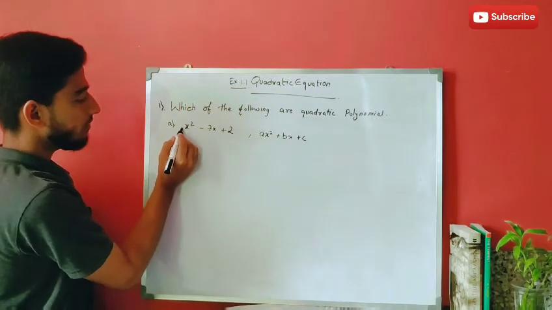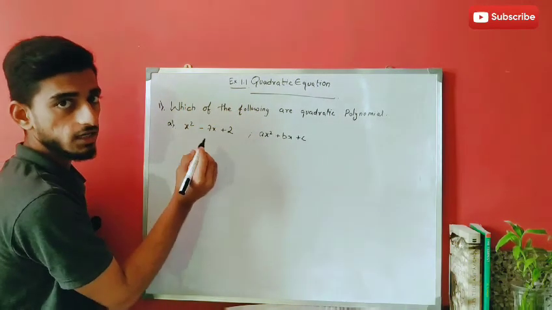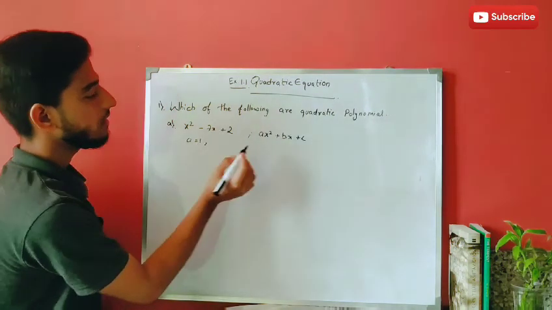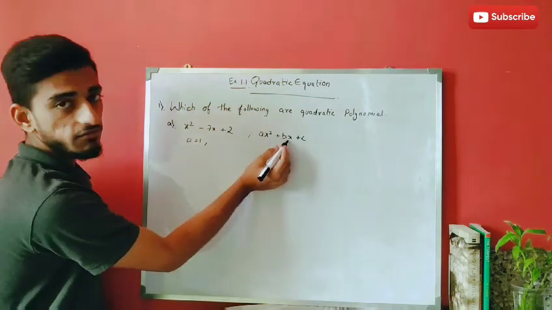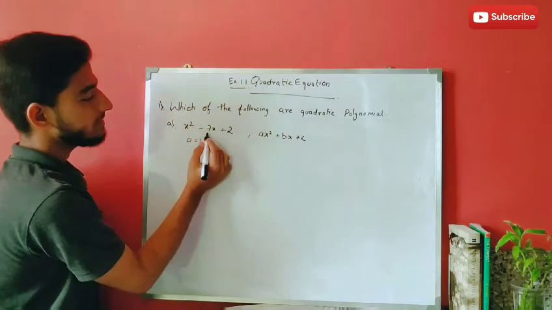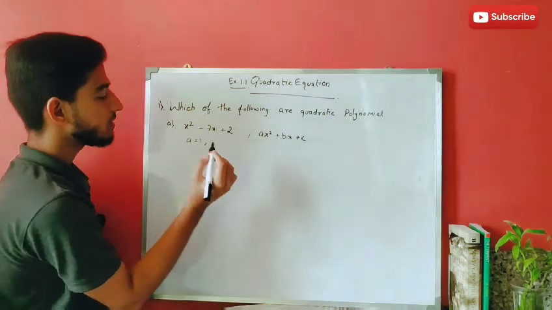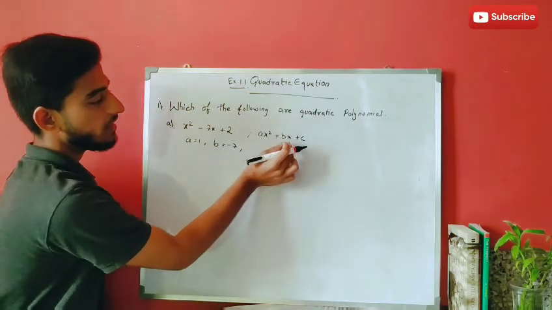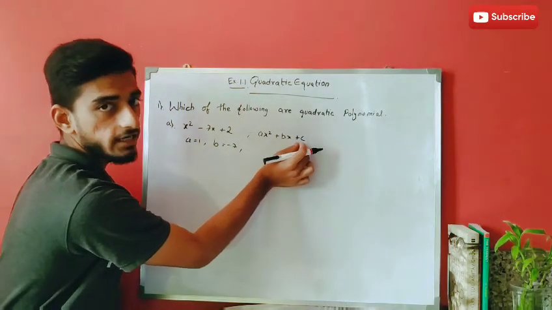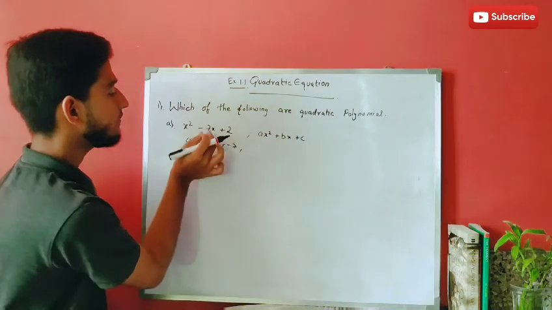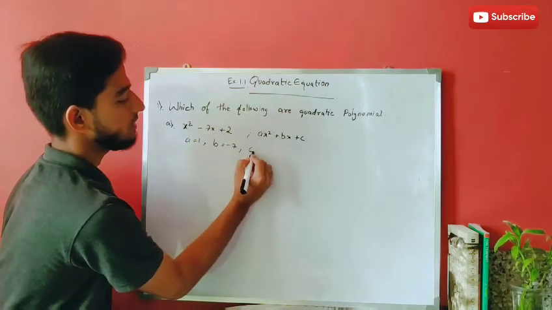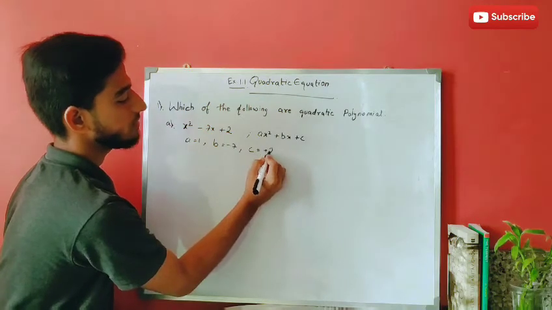Here 1 is multiplied with x square, so a is equal to 1. Then anything which is multiplied with x is b, so minus 7 is multiplied with x, so b is minus 7. Now at last, whatever is added after x is c. So after x what is added? Plus 2. So c is equal to plus 2.